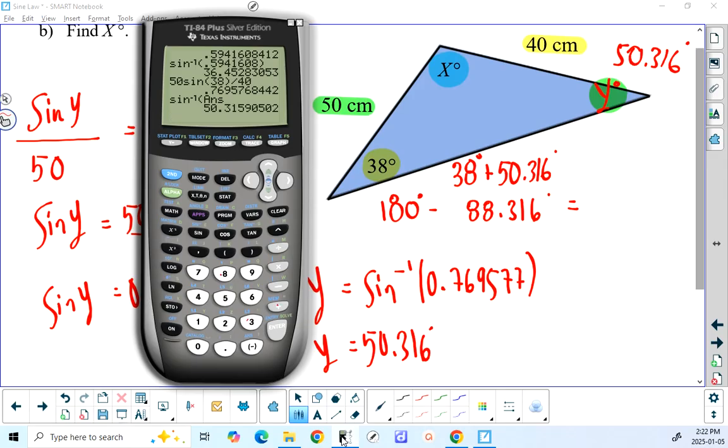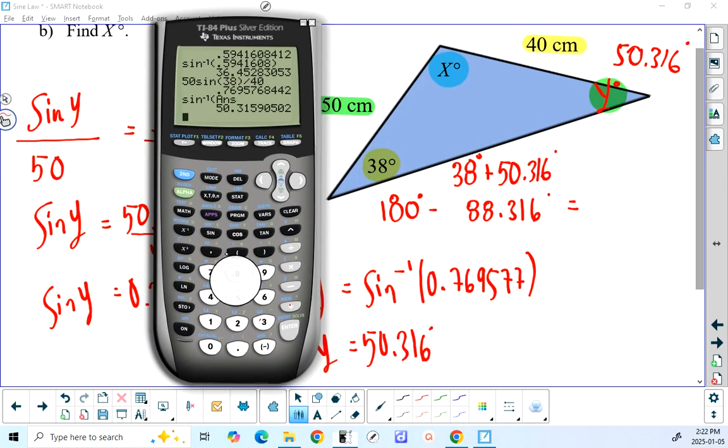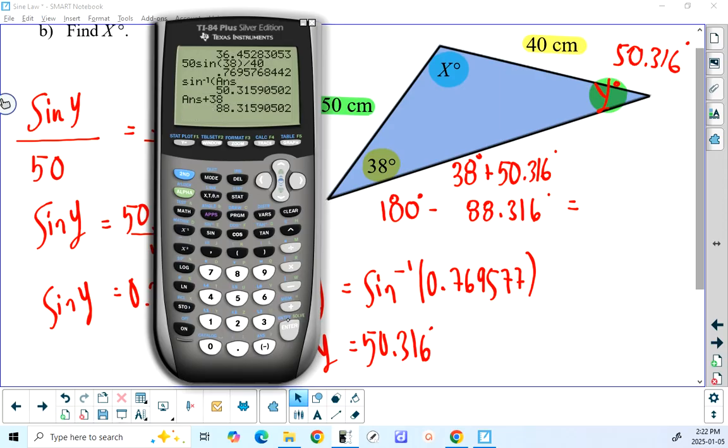So I'm going to add the 38. Then take 180 and subtract that, which gives me, well, that can't be right. 180 subtract that, which gives me 91.7 degrees.